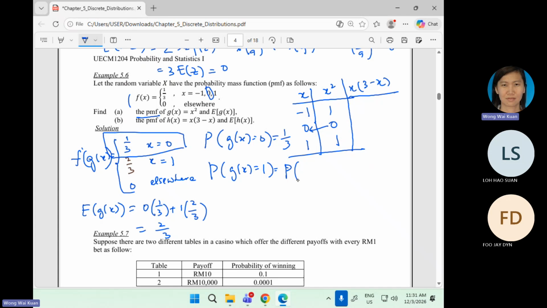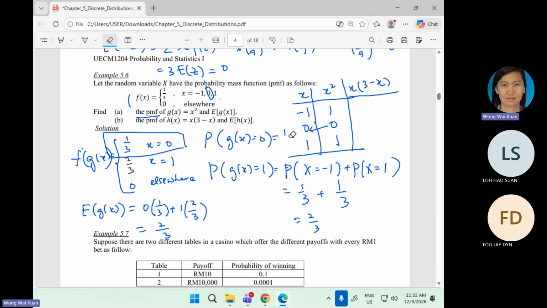This is probability of X equals -1 or probability of X equals 1. So probability of X equals 1 is 1/3, and this is also 1/3. So that's why I get 2/3. Is that clearer?